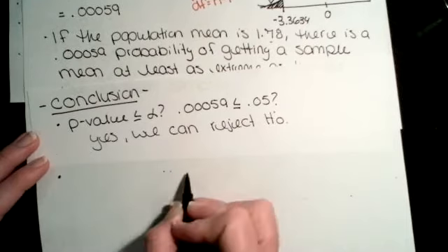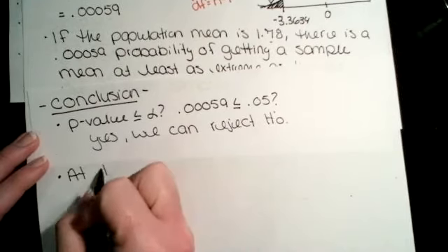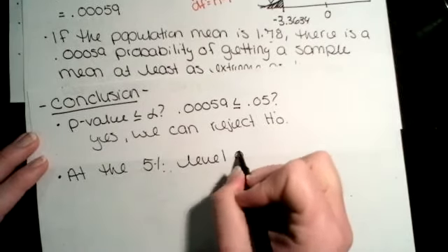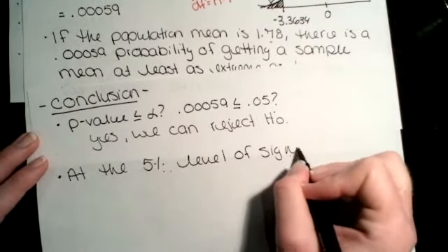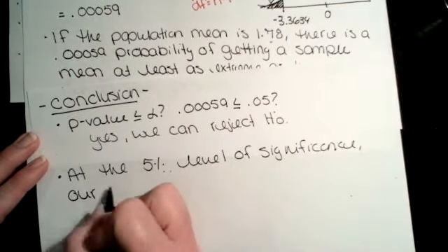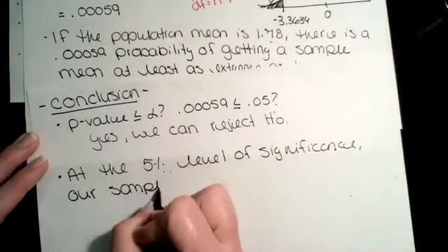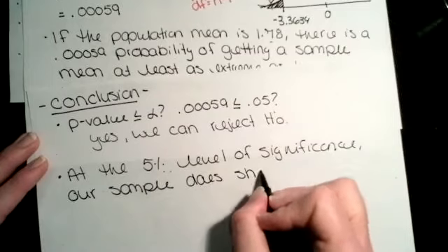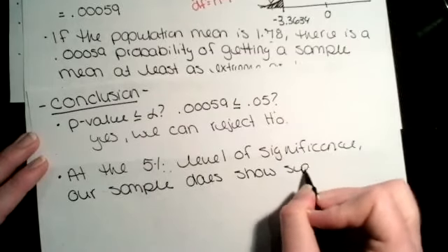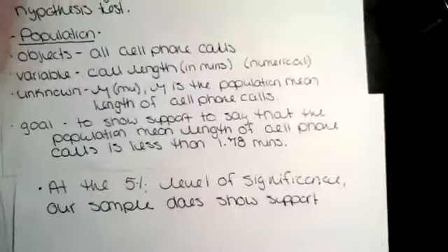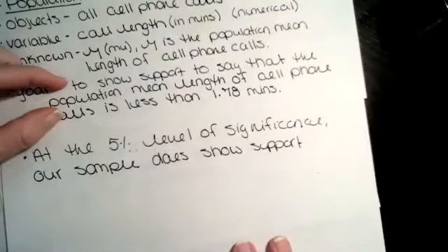I'm going to make my conclusion statement next. So at the 5% level of significance, our sample, now since I've answered yes, I'm going to say does show support. Now I'm just going to write my goal here. I'm going to go back and find my goal, wherever it may be, all the way here. I'm going to write this whole thing right here.